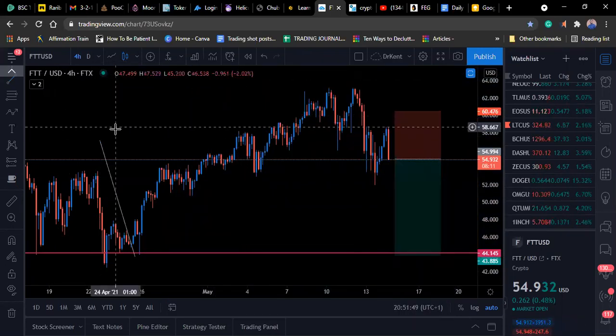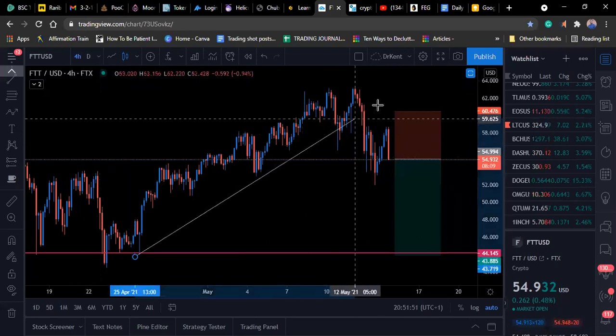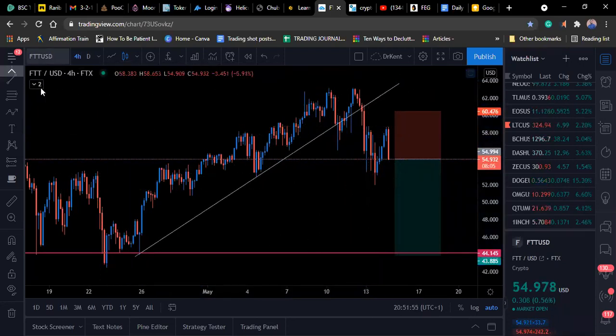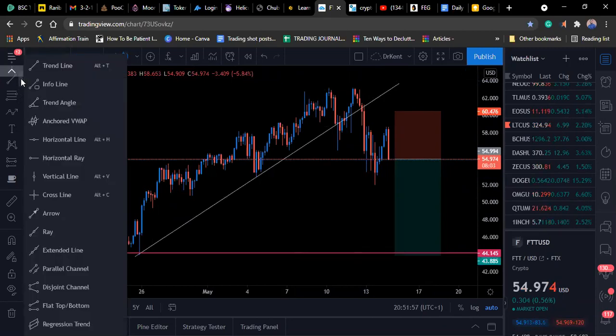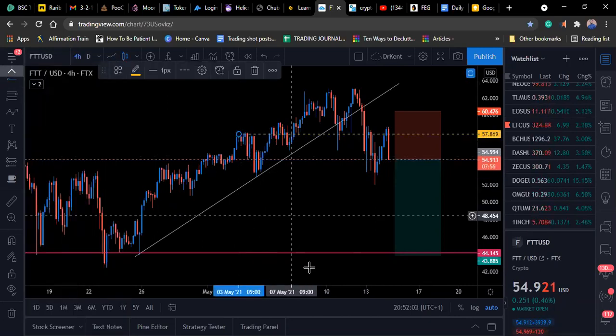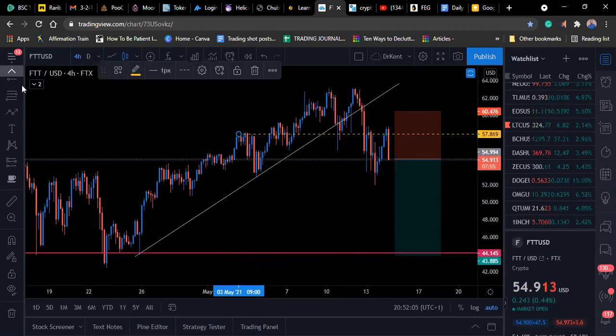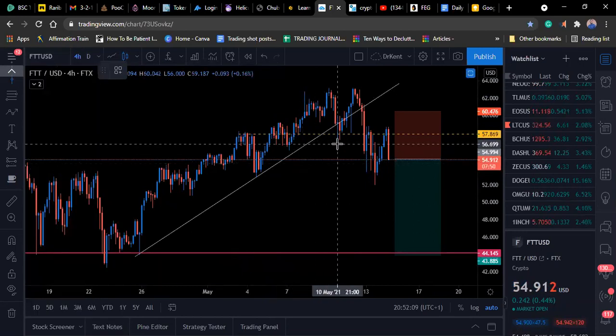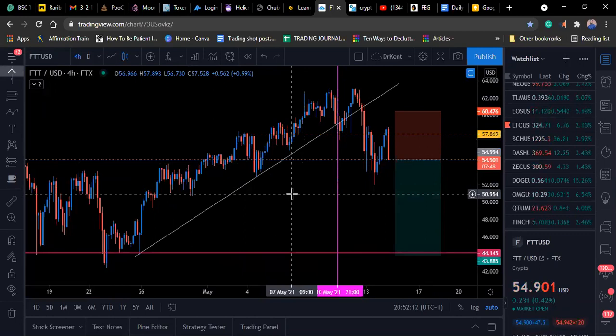Then there's horizontal ray. Horizontal ray is the shorter one. Then you can even have a vertical line. So these are the tools.